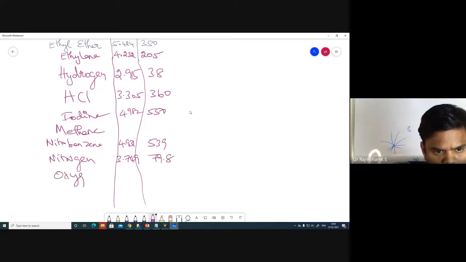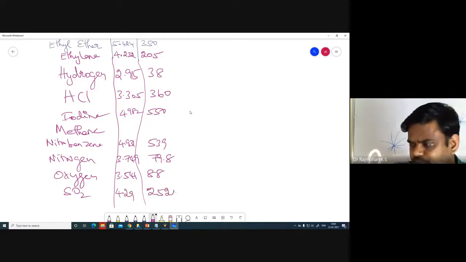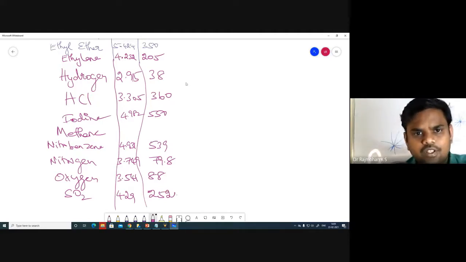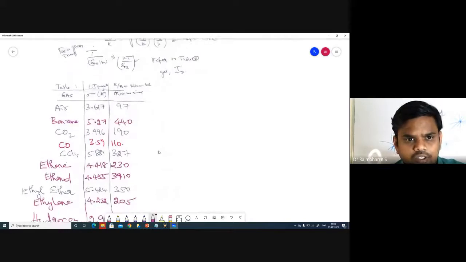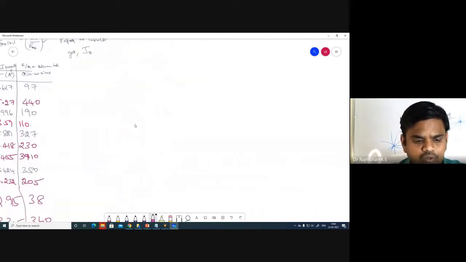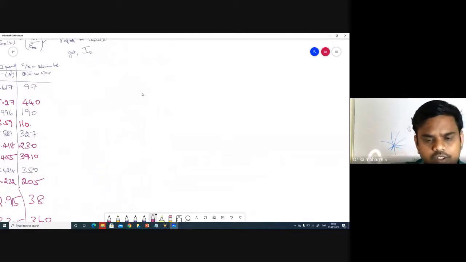For oxygen, 3.541 and 88. For SO2, 4.29 and 252. So this is table 1, which I was referring to, to get the value of the LJ parameter and epsilon by k. And we have table 2. This we will make use of to get the ID value, the collision integral. So table 2, please take down.